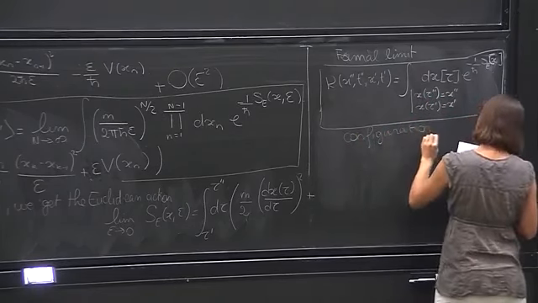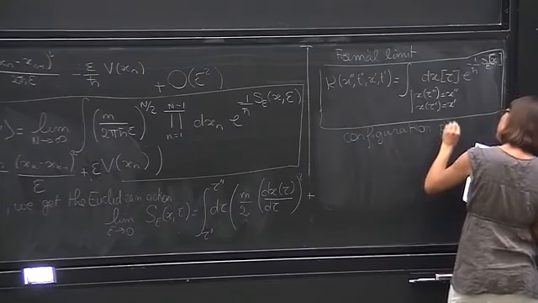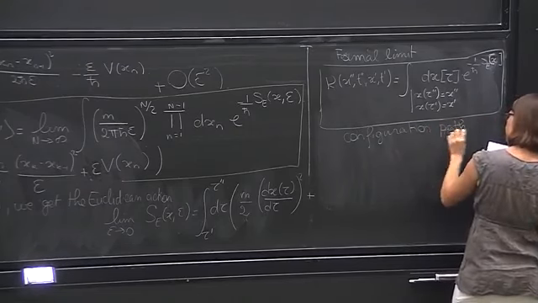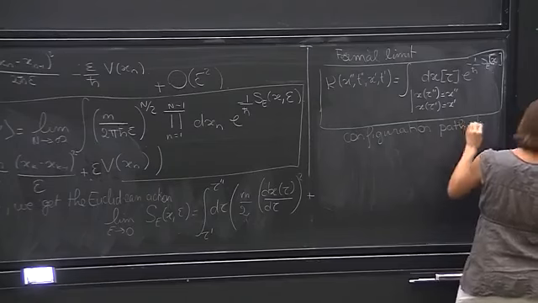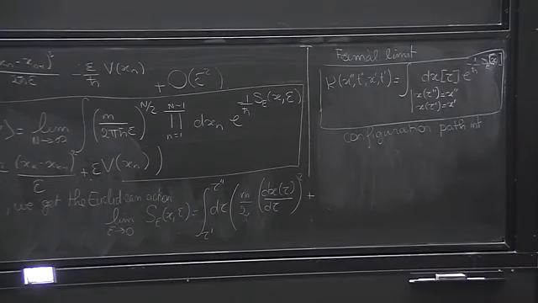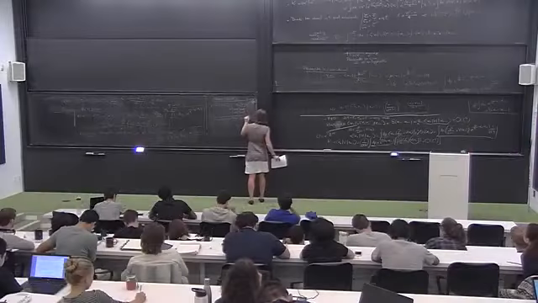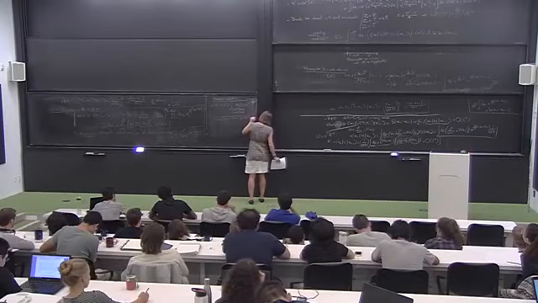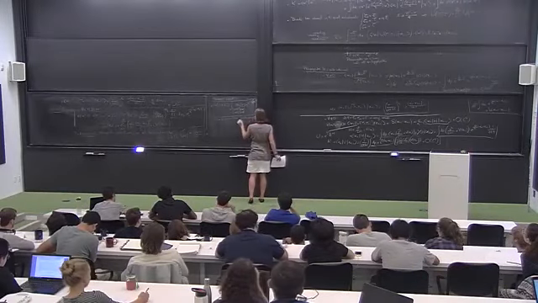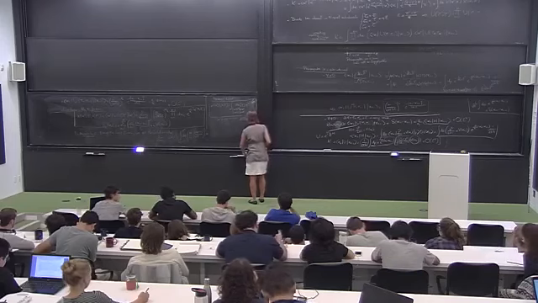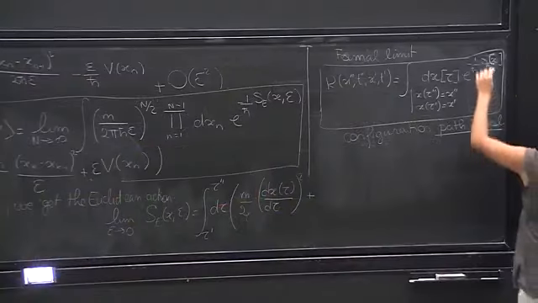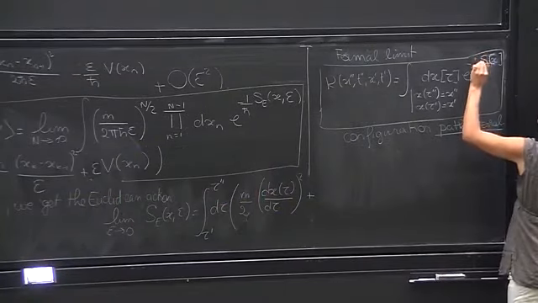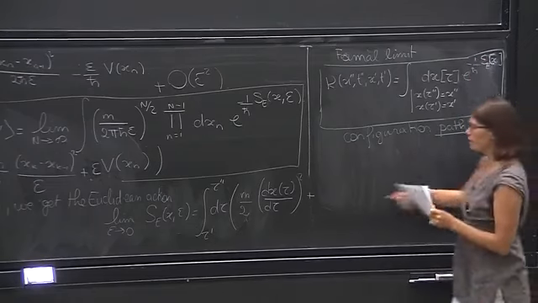We can also get a phase space path integral, where it's just that we could have done that before. Instead of solving for the p, we could have kept them, and then where now the S_E is given by this expression.